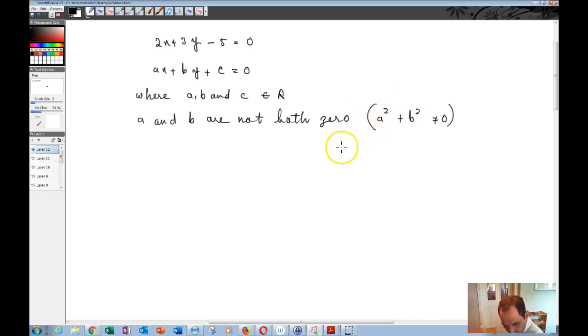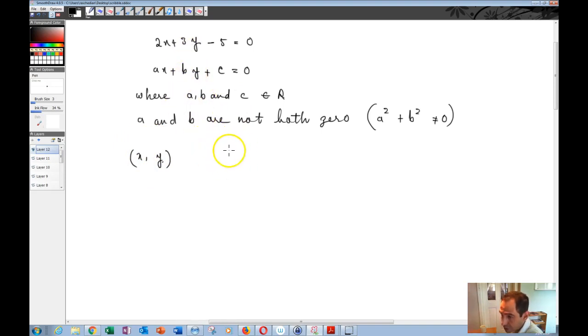Okay, and then a solution of a pair of linear equations in two variables is a pair of values x and y that satisfy both of those equations.